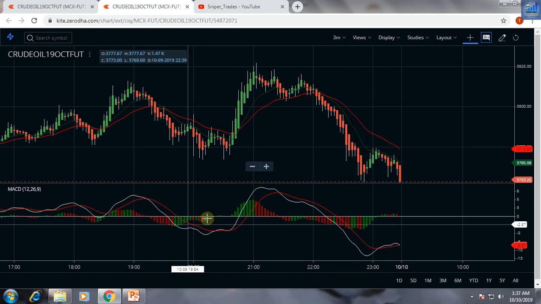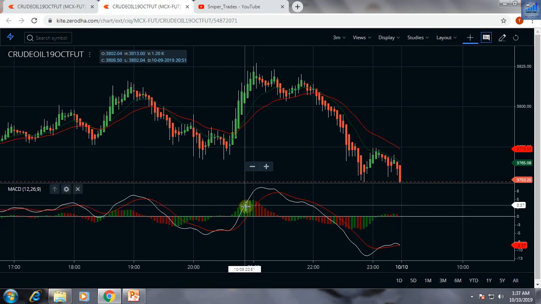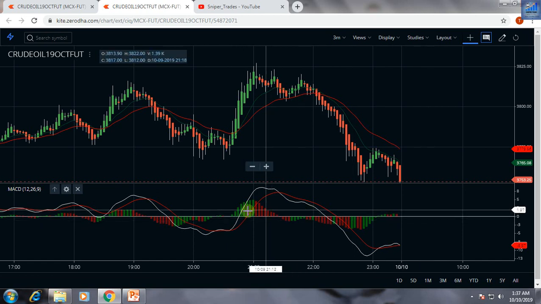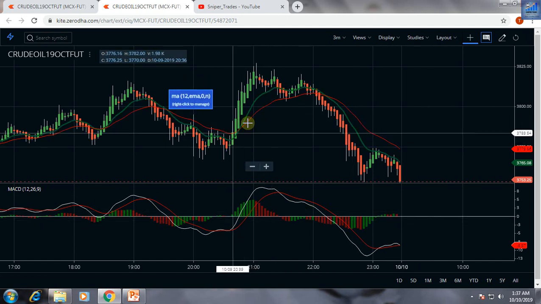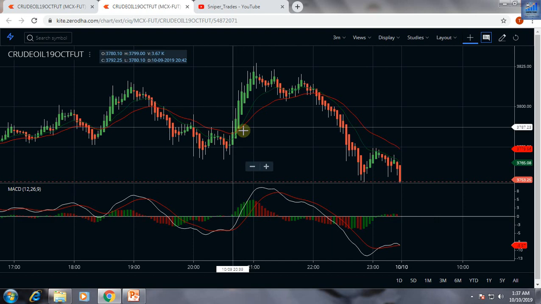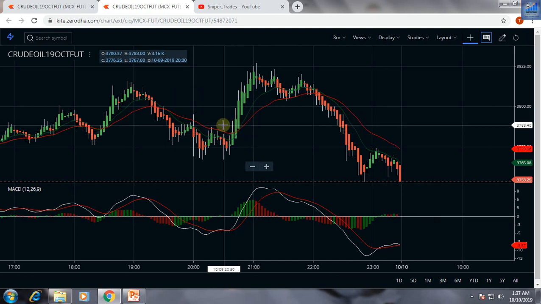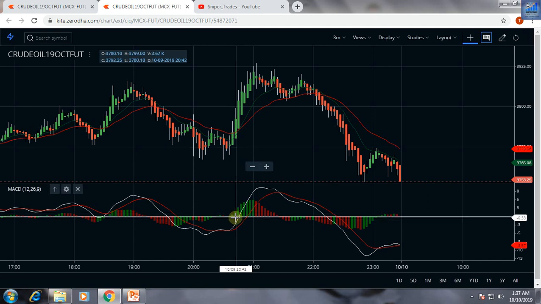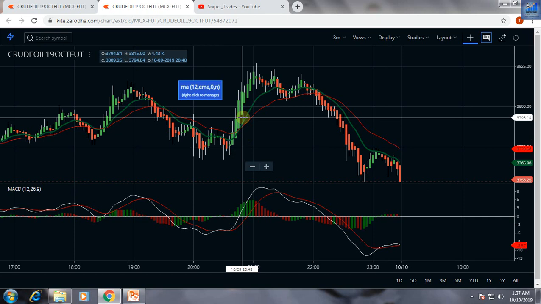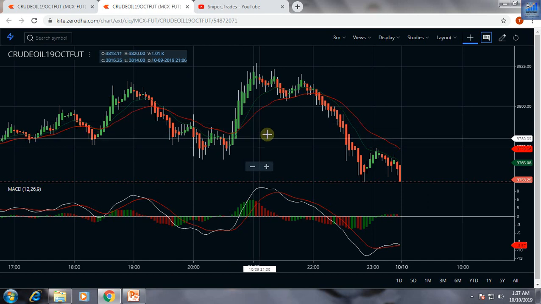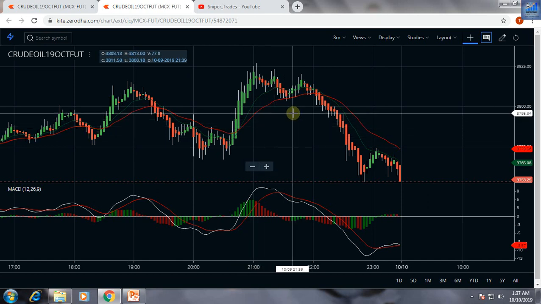If this white line, that is the MACD line, is rising above this baseline, that is the 0 line, it means that a crossover took place at these two moving averages. That is, the faster period moving average, the green line, has crossed above the red line, the slower period moving average, which means that the price is in a bullish direction.